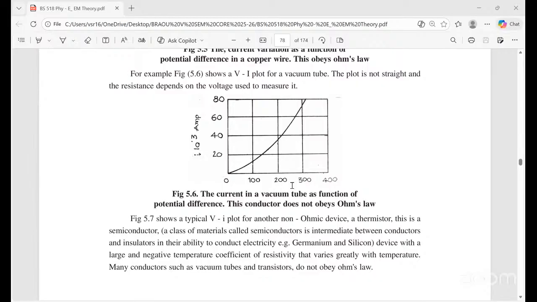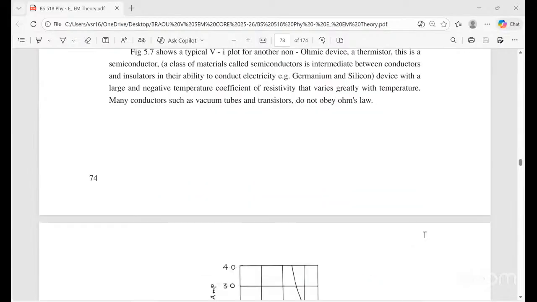If the voltage increases, how does the current value change? See here, 100, 200, 300 volts, and 20 ampere of current, 40, 60, 80 like that here. It is stopping here, and there is no current at all in this figure. So it is not always like this.